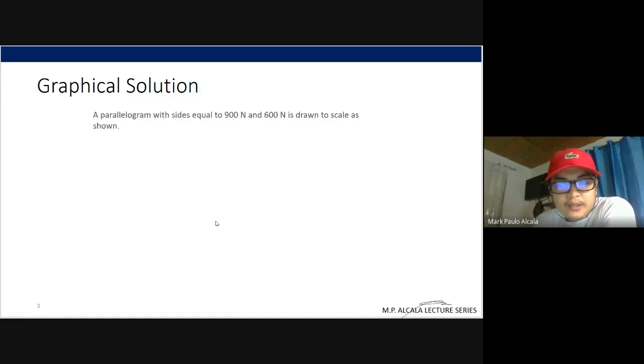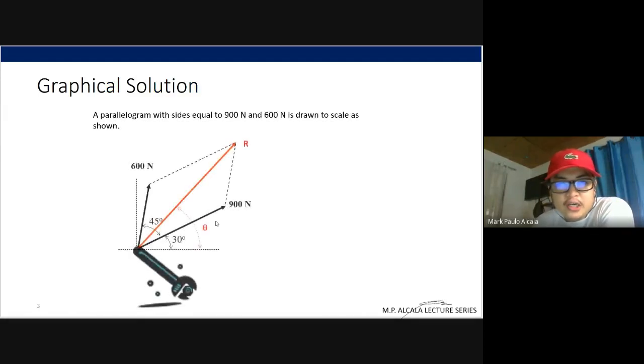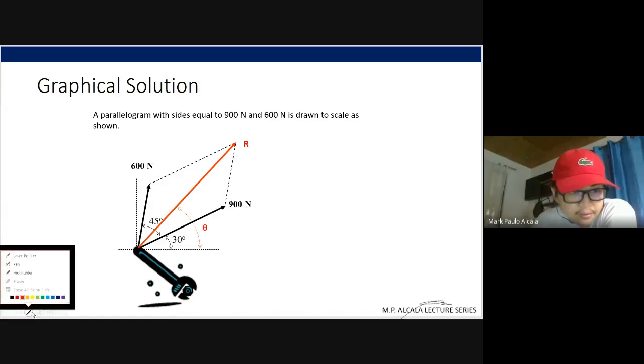The graphical solution, essentially, you will draw. What we need here is a graphing paper, of course, and a correct drawing of your data, the data given.